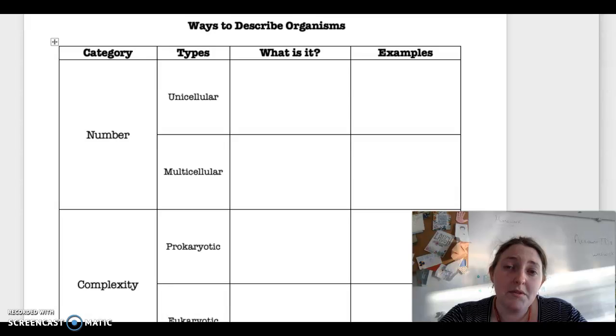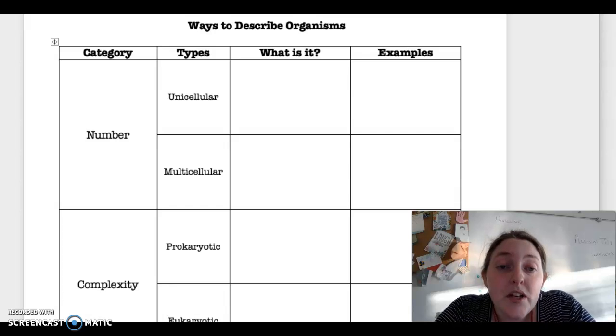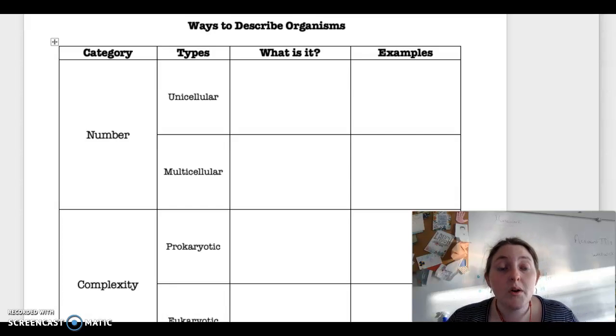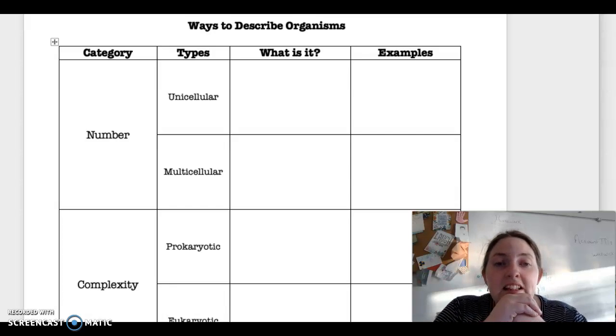So we're going to look at a couple of different ways in which we describe organisms, and then the main classification system that we use to help us organize the world, or at least the living world. So let's get started. So on page 20, you should be looking like this.